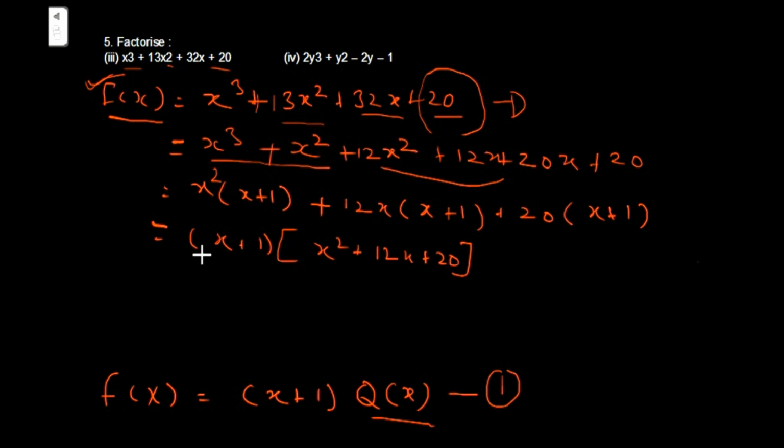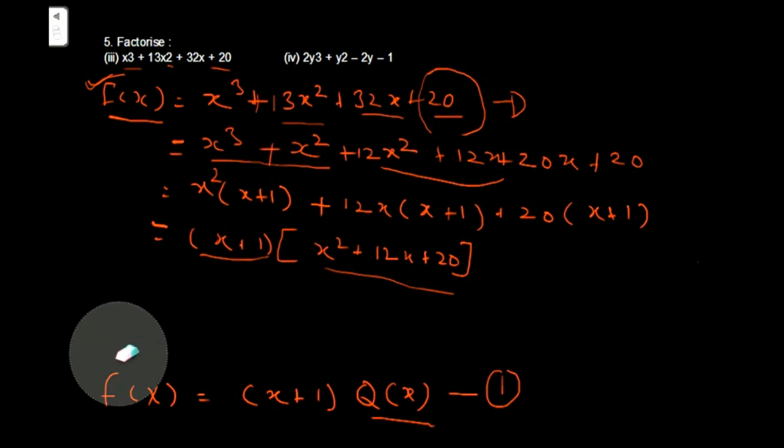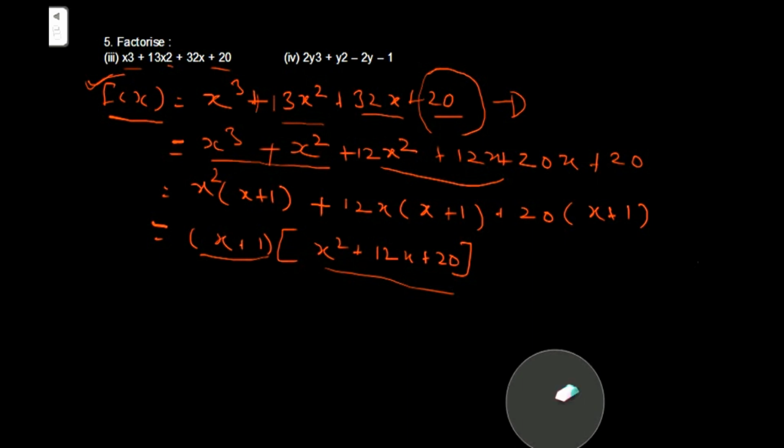So now I have one factor and another second factor which is a quadratic one. This quadratic polynomial can be factorized using the splitting the middle term method, as we did in the previous question.